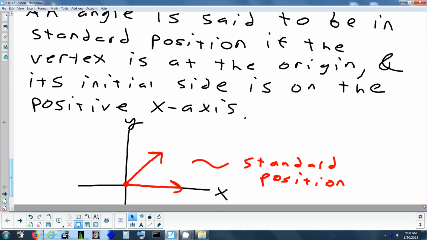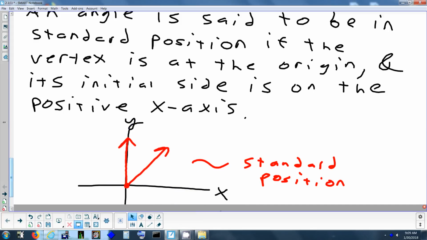If I took this and went like that, is that standard position? About right? No. What's wrong with it? It's not on the origin. Right. The initial side is on the positive x-axis, but the vertex isn't at the origin. Now, what if I did something like that?